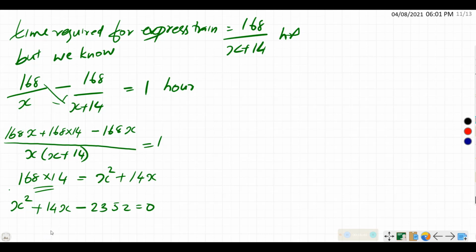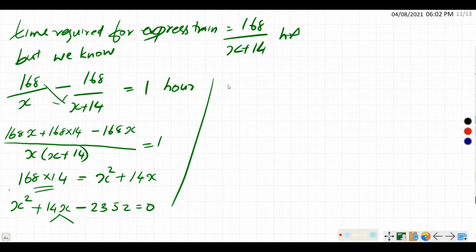I did it myself, just copied it. This is the equation. Now we can find out 14x. In order to split 14, we need to know the factors of 2352. That also I will work out and will directly put here, 2352 to be factorized.